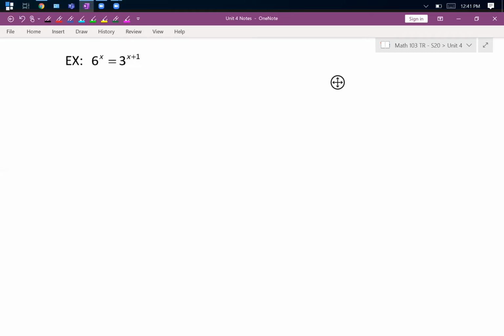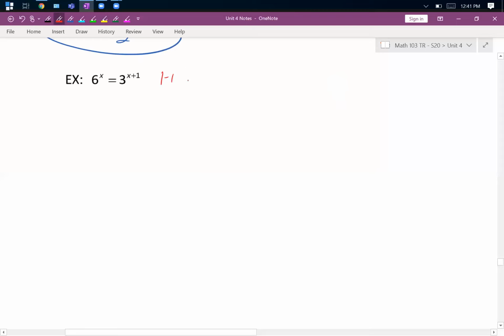Can we rewrite 3 as some other number raised to a power? No, I can't do that either. So the one-to-one property is not going to apply to this example. What we're going to have to do instead is rewrite this in logarithmic notation.